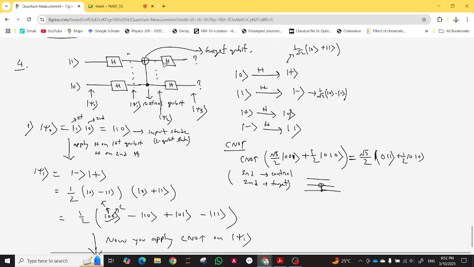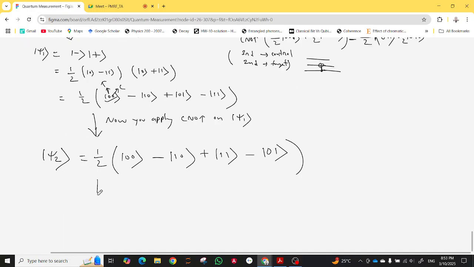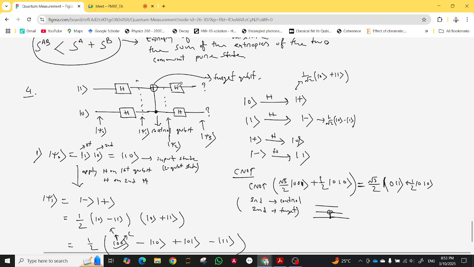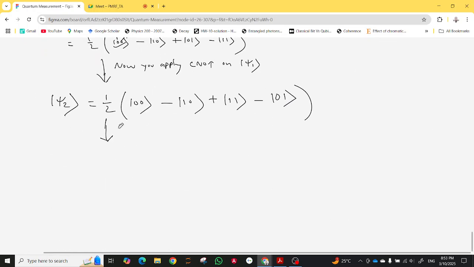Now what you do, you again apply Hadamard on both qubits, right? Now this is your psi 2. Here you apply Hadamard on the first qubit, and you also apply Hadamard on the second qubit, right?